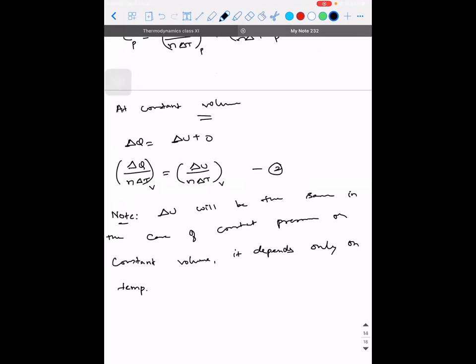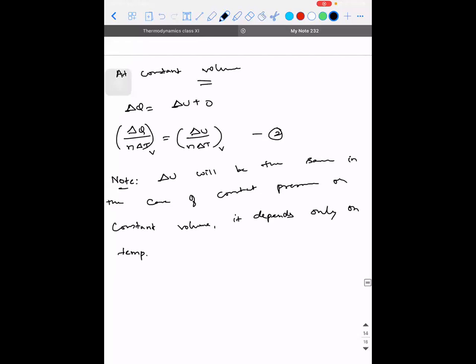So from this, the important conclusion that we can make is delta U divided by n delta T at constant pressure is the same as delta U divided by n delta T at constant volume, because internal energy is only a function of temperature. It is not a function of pressure or volume. Okay, please make a note of it.